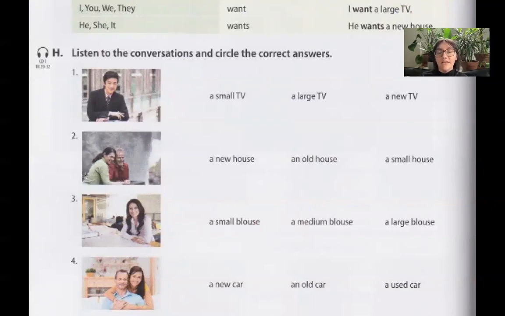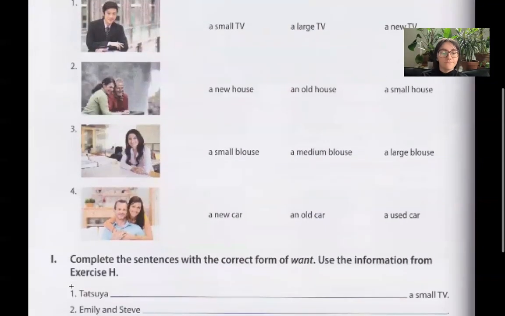Number 3, she wants a large blouse. Okay, now we're at number 4. They want a used car.